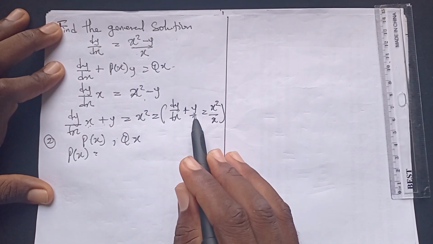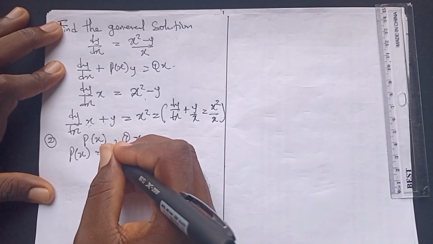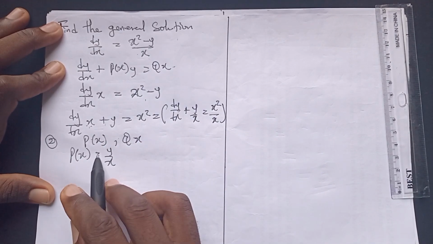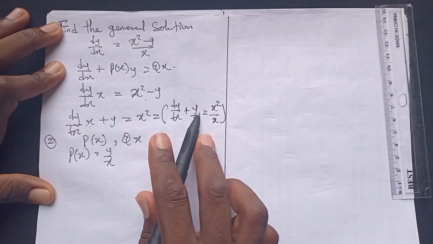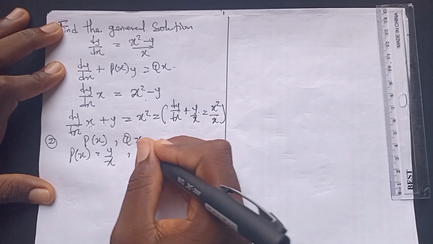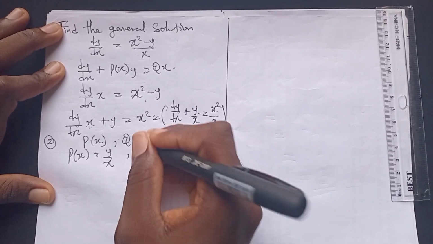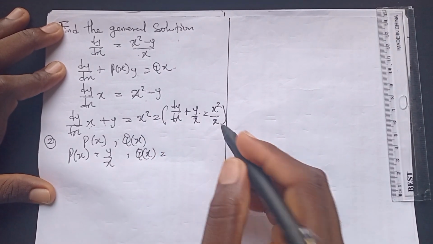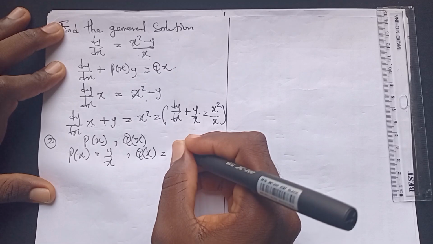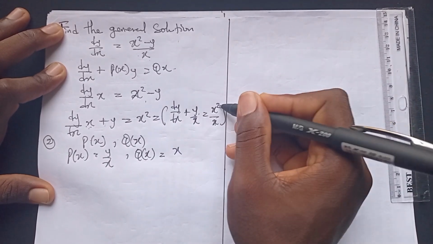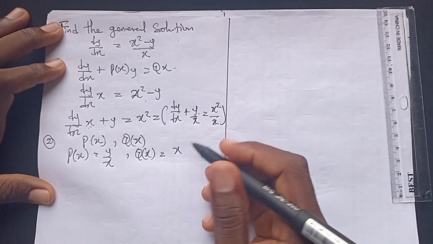So now p of x is y over x. This is p of x. And q of x is equal to x, because if x cancels x squared, you have x. So q of x is equal to x.